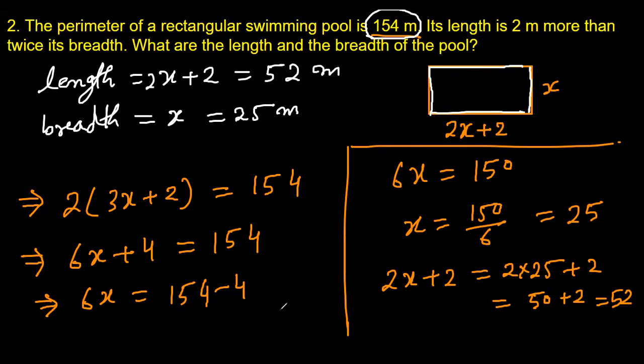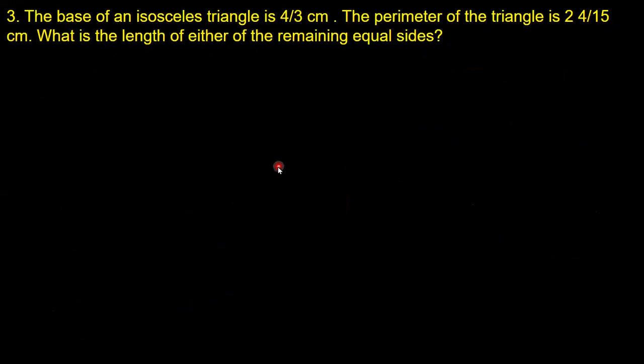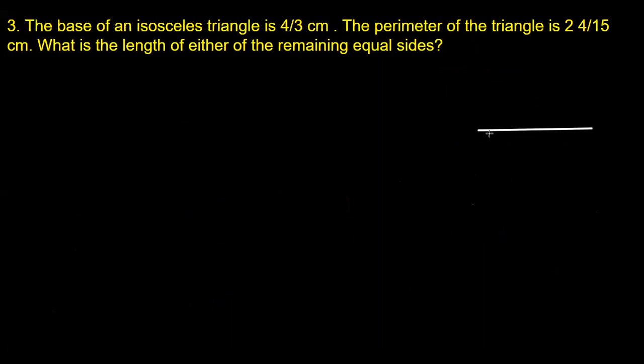All right, now we will take the next one. It says the base of an isosceles triangle is 4 by 3 centimeter. First, draw the isosceles triangle. In an isosceles triangle, two sides are equal, something like this, okay?